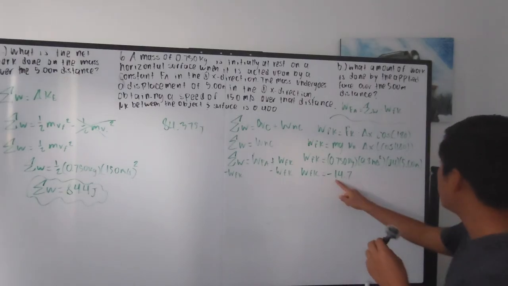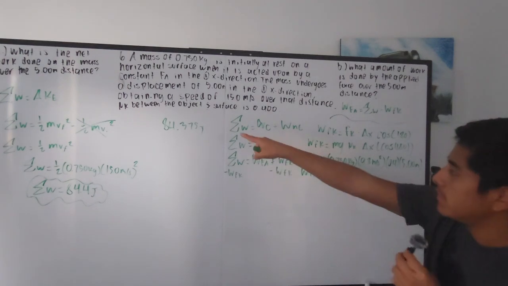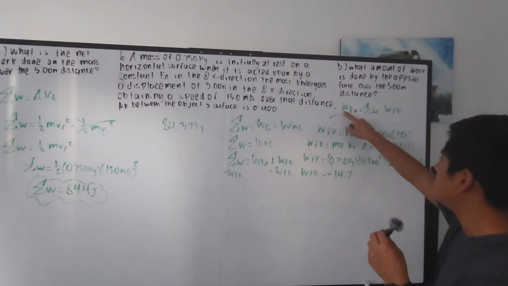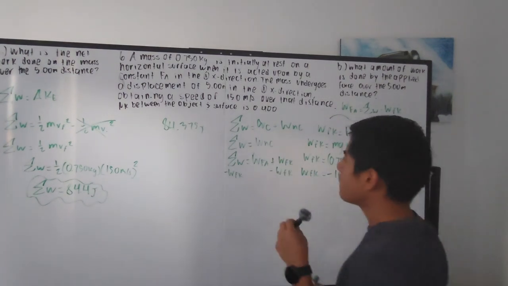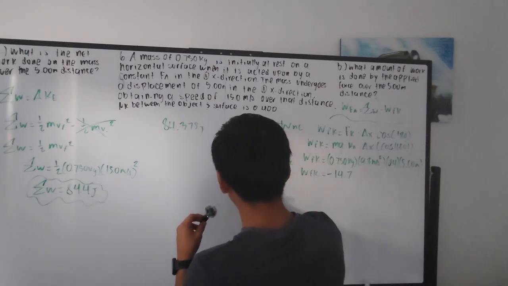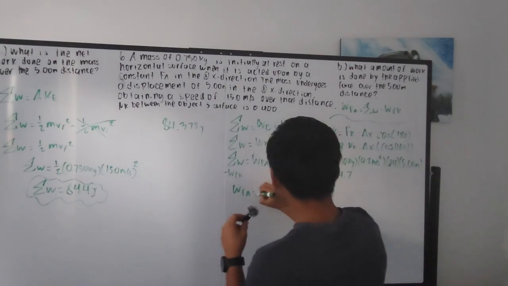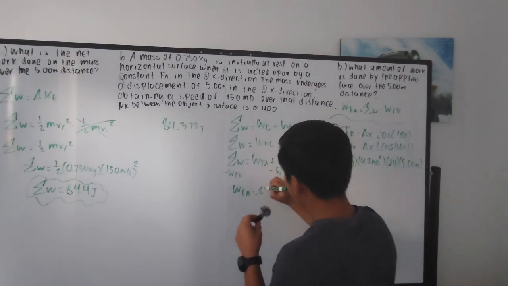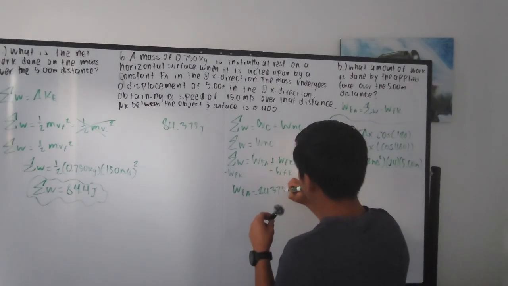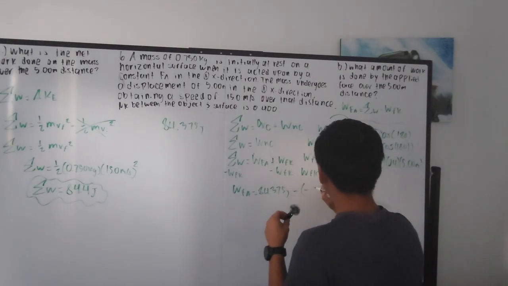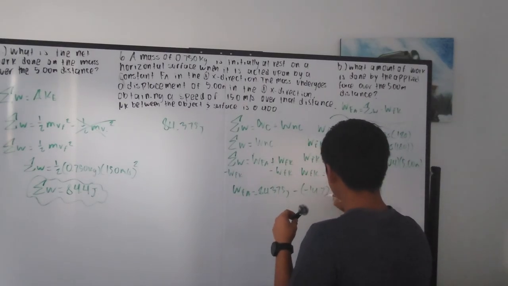Now you can go ahead and plug that into here, and you'll get your answer for the work done by the applied force. So then the work done by the applied force is equal to 84.375 joules minus negative 14.7 joules.